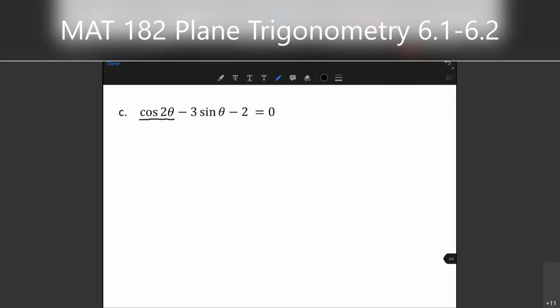This could be represented as 1 minus 2 sine squared theta. So that is our cosine 2 theta representation. That would be in terms of only sine. I think that would be definitely helpful. And so we have that, and then we need to subtract 2 for the 3 sine, and the minus 2 equal to 0.